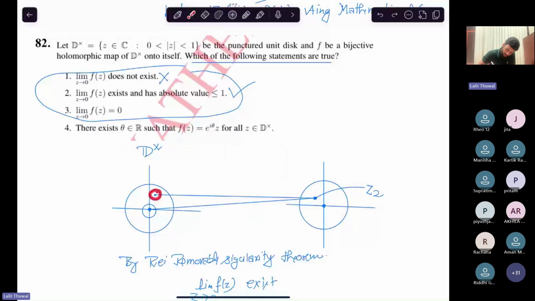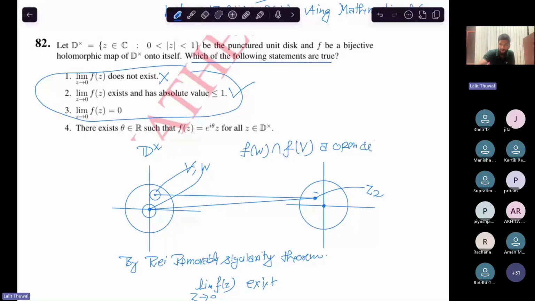Take their images, say V and W, then f(W) and f(V). This is an open set, right? Yes or no? Why? Aman, why will this be an open set?